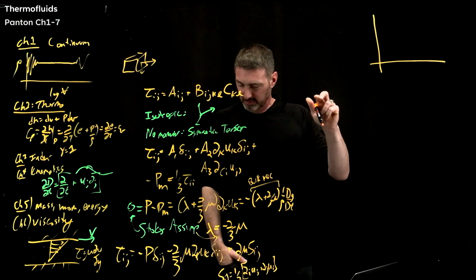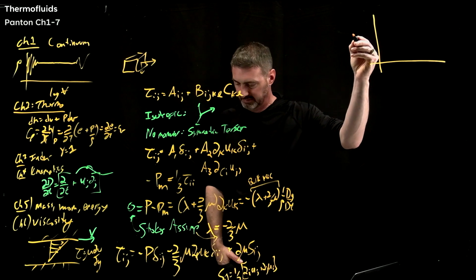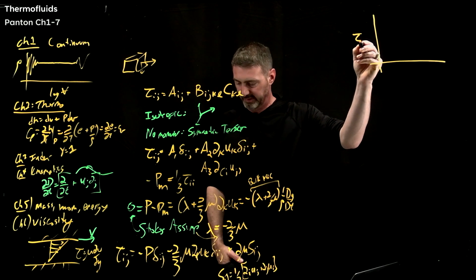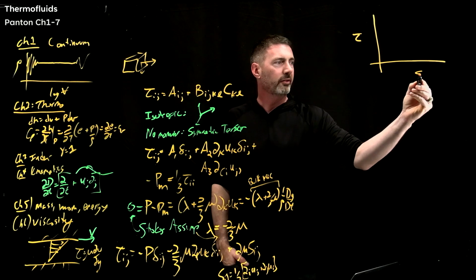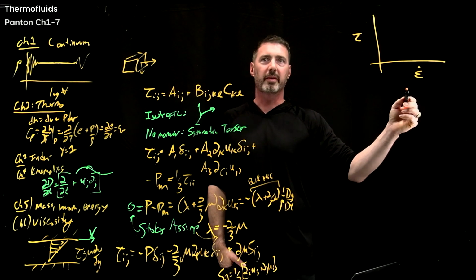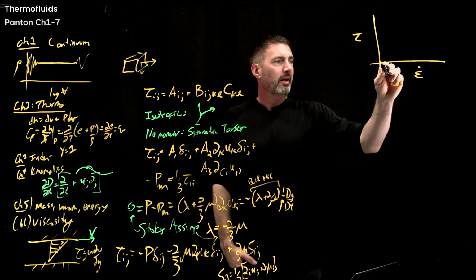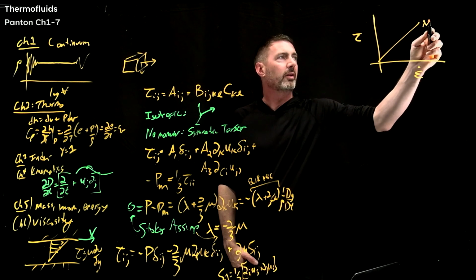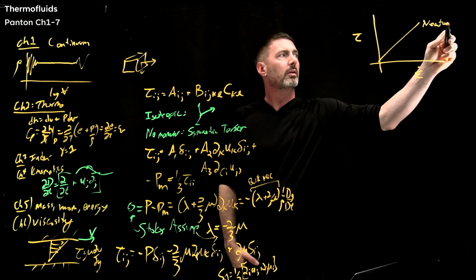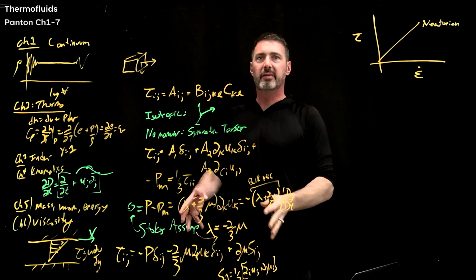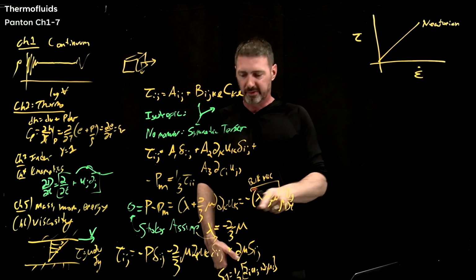So I'm plotting here shear stress, and this is strain rate. Usually strain is defined by the moving of the particles. So this line is a Newtonian fluid, and what we mean by Newtonian is basically it's linear. That's this formula down here.